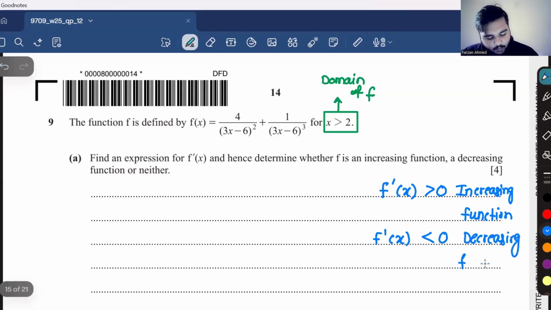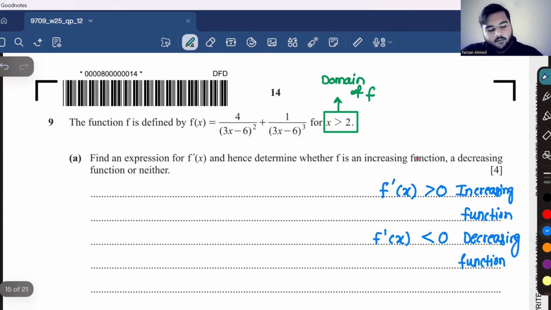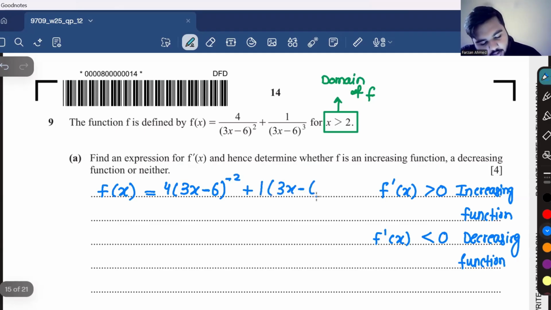Now, since this is f of x, we have to find f prime, so we will do a differentiation. f of x is equal to 4 bracket 3x minus 6 to the power minus 2, plus 1 bracket 3x minus 6 to the power minus 3.